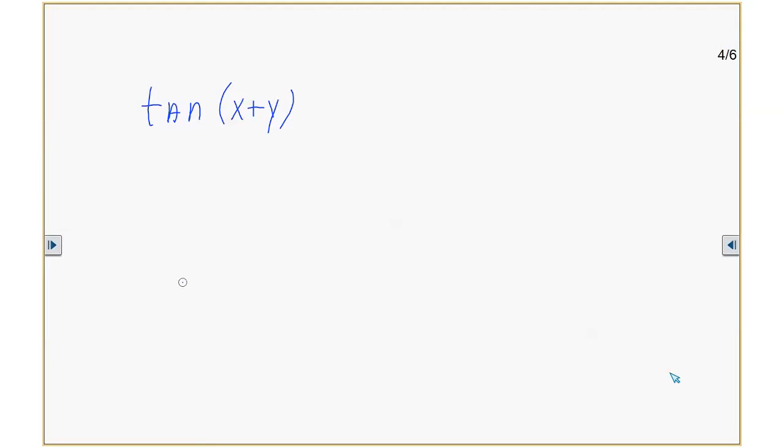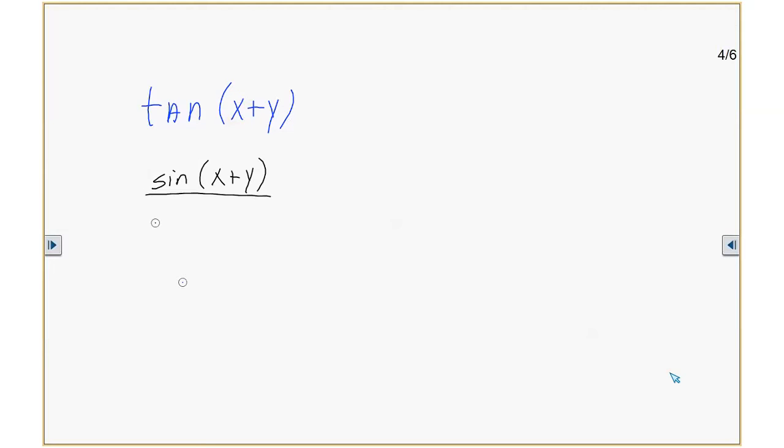What we're going to do is manipulate and derive the tangent of x plus y in terms of sine and cosine, and then we're going to turn it back into tangent, and you're going to see the other identity show up. So I'll start you off, because I know some of y'all are sitting there going, I don't know what you're talking about.